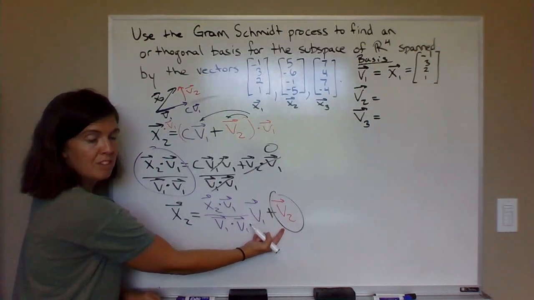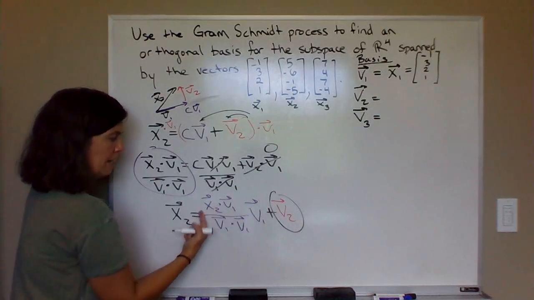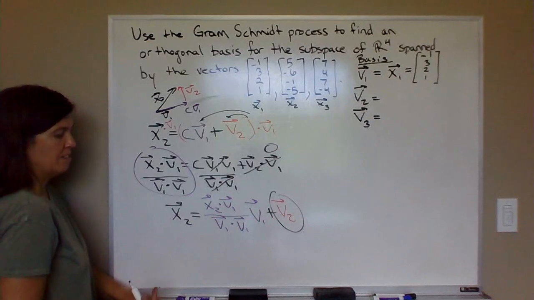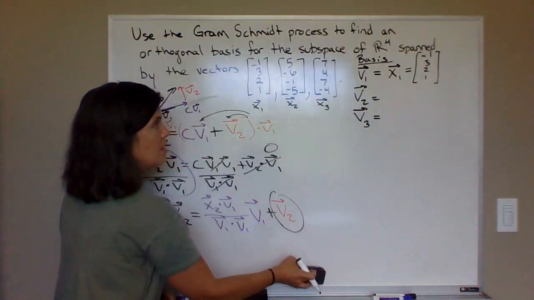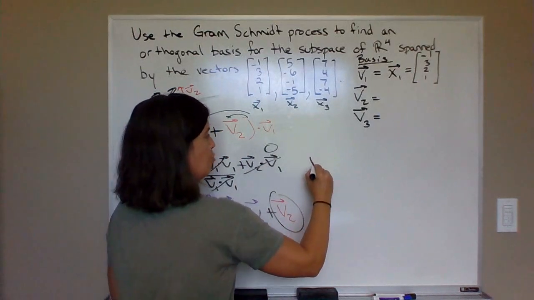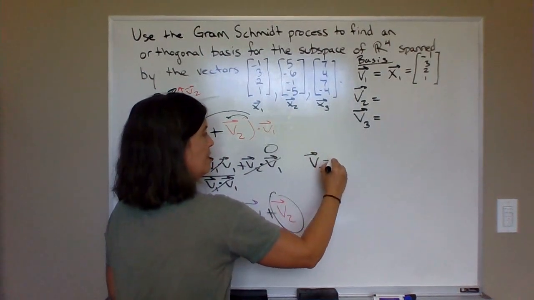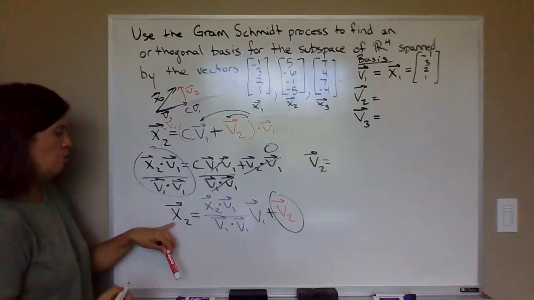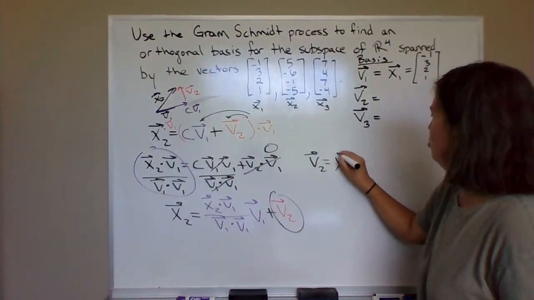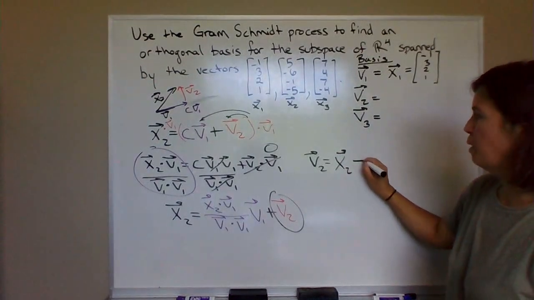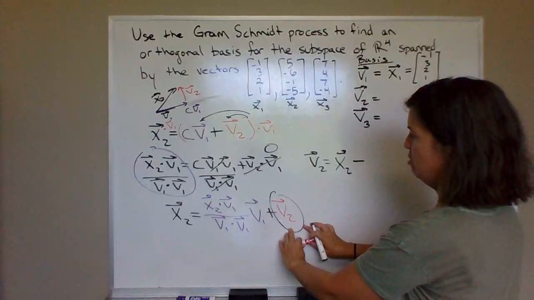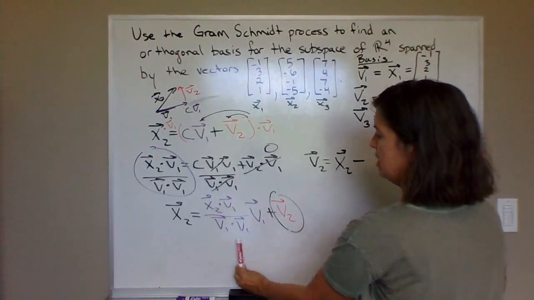This is our second basis vector. So if we subtract this quantity from both sides, that's going to give us our second basis vector. And if you look at the Gram-Schmidt process, that's the formula it's going to give you for finding v2. To find v2, you take your second given vector, your second spanning vector, x2, and subtract this component. So solving for v2, it's equal to x2 minus this.